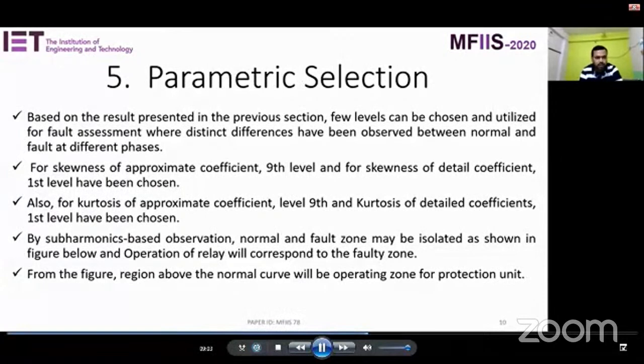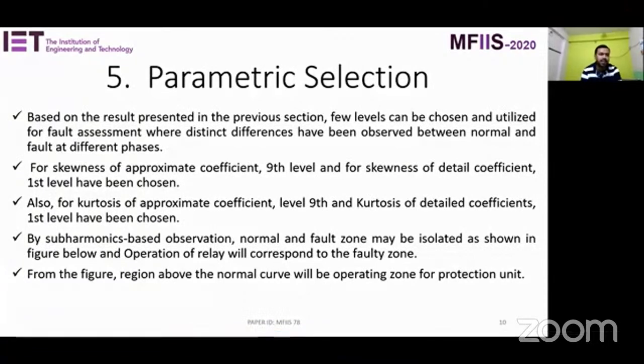Parameter selection. Based on the result presented in the previous section, a few levels can be chosen and utilized for fault assessment, where distinct differences have been observed between normal and fault at different phases. Skewness of approximate coefficient at 9th level and skewness of detailed coefficient at level 1 have been chosen.